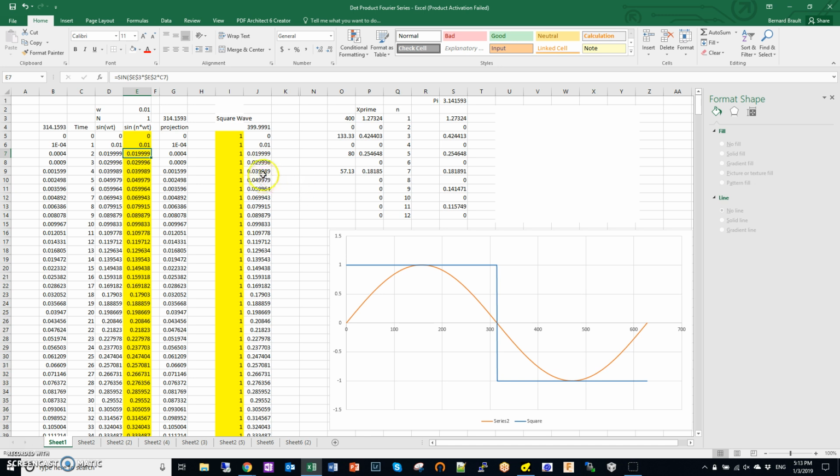So I did the math for you, and what I get is a value, and I add them all up. So this is basically this times this times that, and then I add it all up, and it adds up to 399. But remember, I said you need to project against a unit vector. So if I project the sine wave onto itself, and that's what I did right there, it gives me a value of 314.